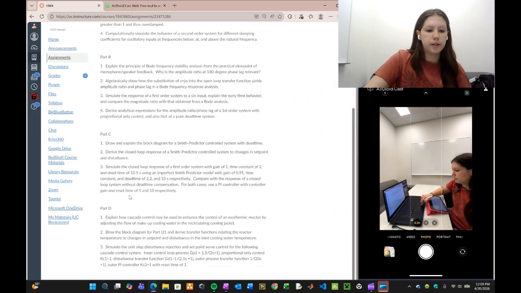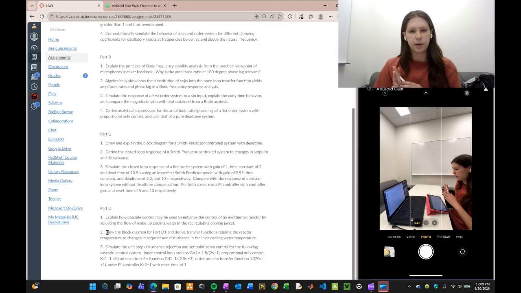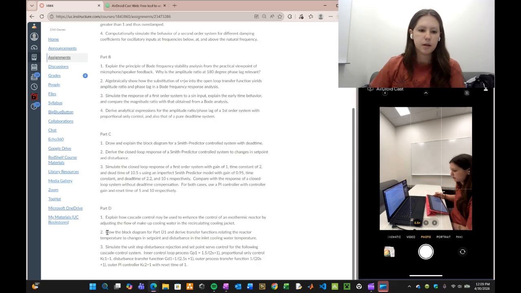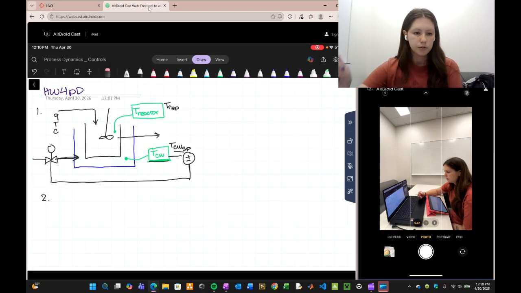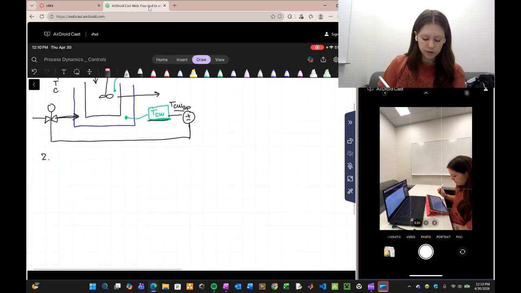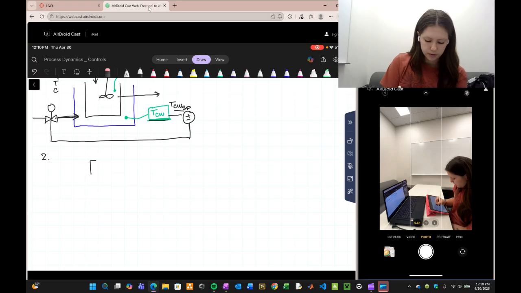And part 2 is to just draw the block diagram from D1 and to derive the transfer functions that relate the reactor temperature changes to changes in the set point. And then we'll look at disturbance as well. So we can start out here. We will have first G reactor, the transfer function of our reactor temp control.